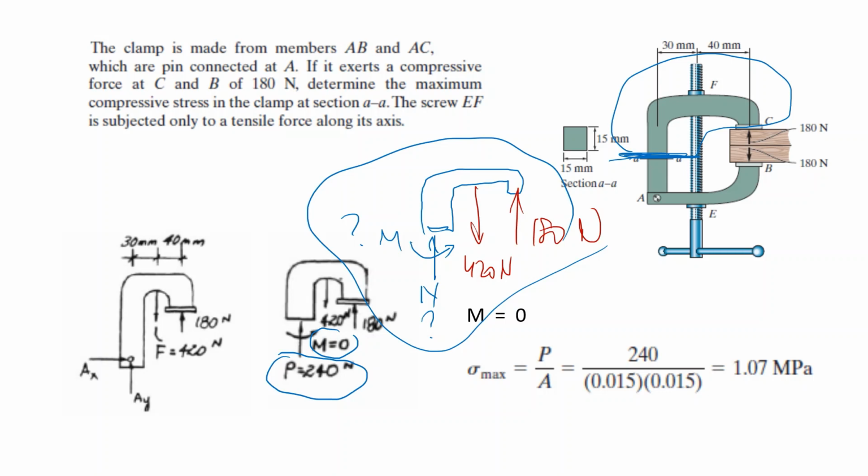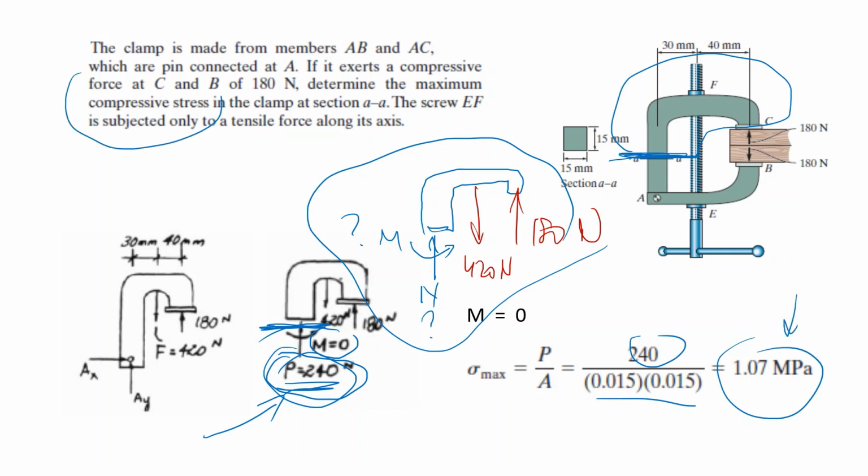So, as seen, the only force acting in this section is compression. Take this force divided by the area, and you find the compressive stress in the clamp section AA. In this video we solved 3 combined loading problems and showed how the stress analysis for certain points is made. Thank you for listening.